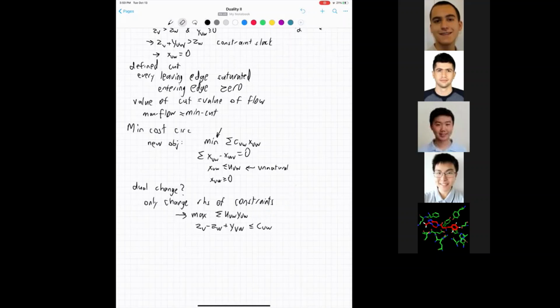Now that we have unnatural constraints, we are going to require that the variables be non-positive instead of non-negative. So did that make sense? We changed a max to a min, which meant that constraints that were previously natural are now unnatural, which means that variables that were previously non-negative become non-positive. Okay? So everybody believe me that this is the new dual linear program?